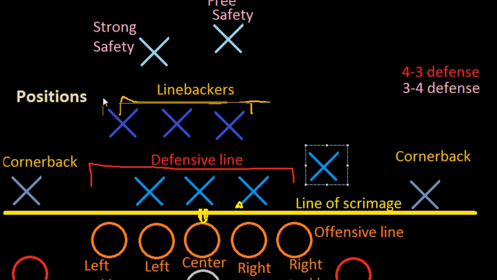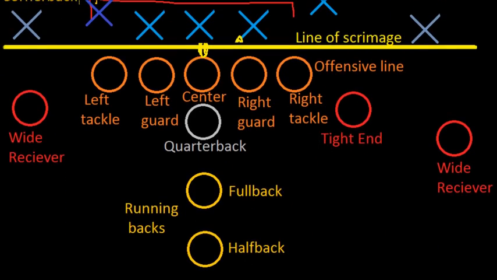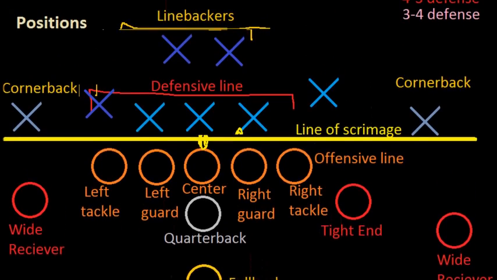Sometimes you'll see these guys come up here closer to the line. So this is technically, you still have 4 linebackers there and 3 defensive linemen, but overall that's the basic layout of the position. So you have your safeties in the back, linebackers, your defensive line, your 2 cornerbacks then on defense, and your guys on offense.